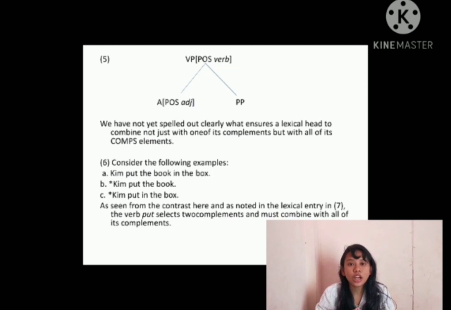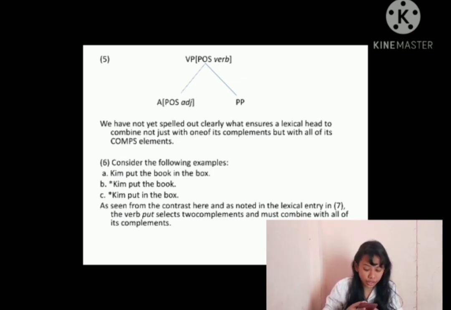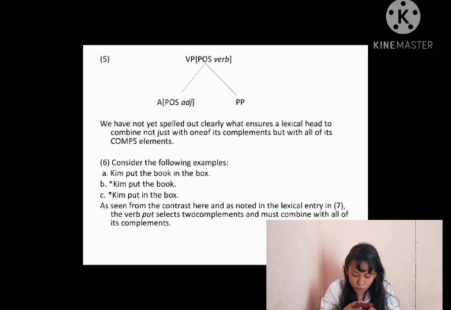In the slide, you will see the following example. As seen from the contrast here and as noted in the lexical entry in 7, the verb put selects two complements and must combine with all of its complements.